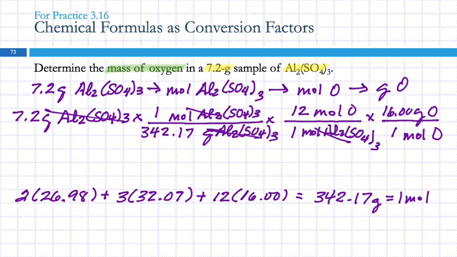So 7.2 divided by 342.17 times 12 times 16. And this would have 2 sig figs, right? So 4.0 grams of oxygen.